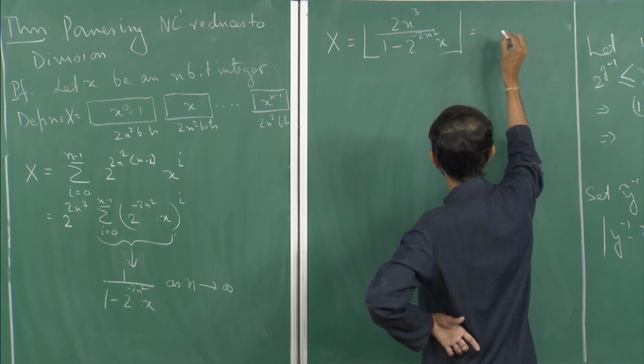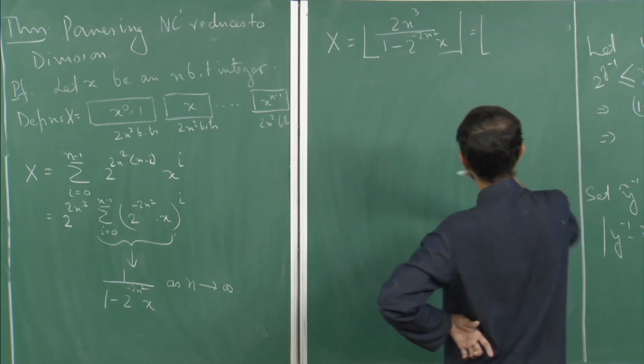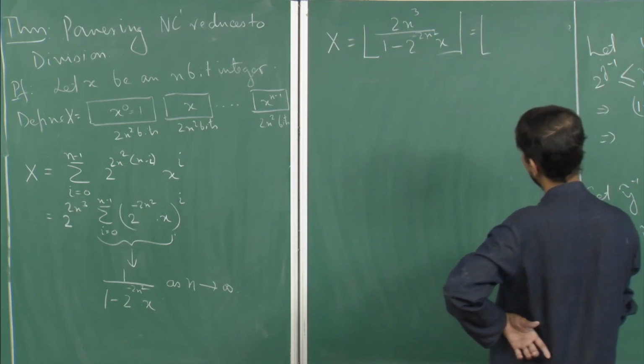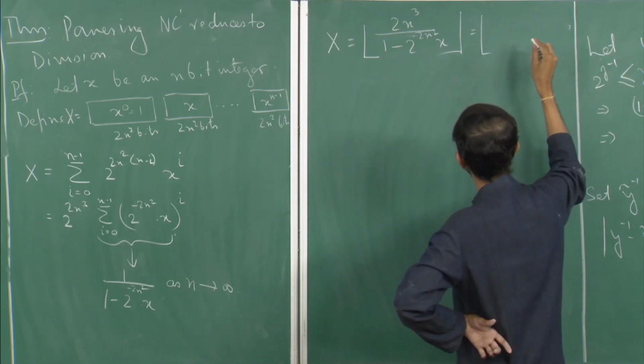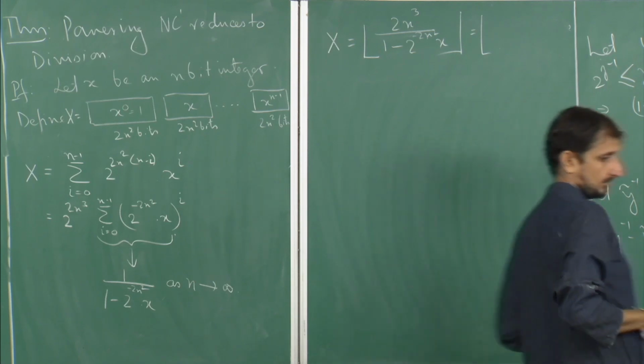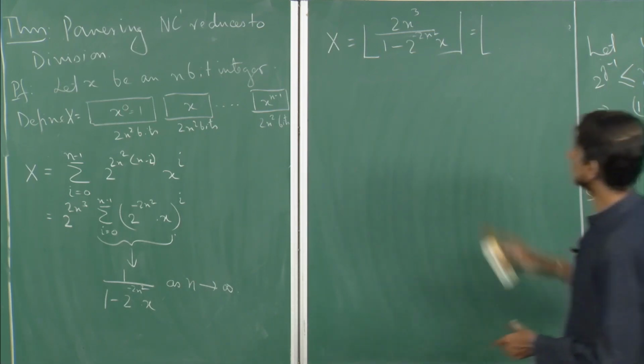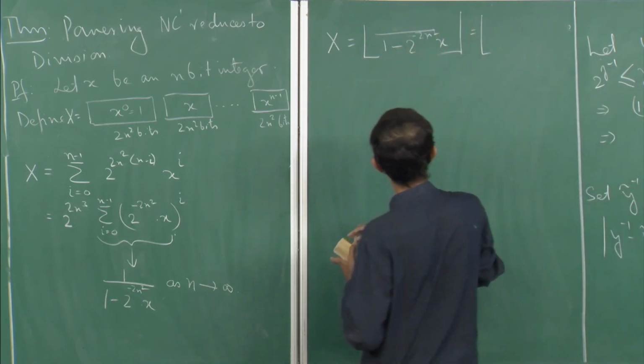And I can write this by multiplying both numerator and denominator with 2 to the power 2n square. This is not 2n cube, this is 2 to the power 2n cube.